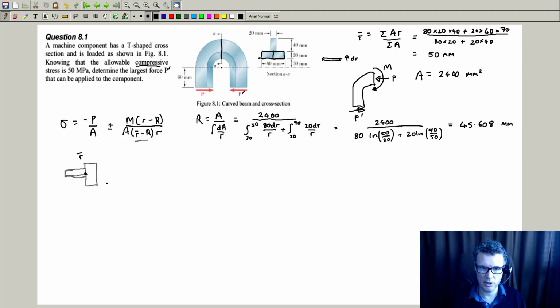That's where the R bar is. And the neutral axis is a little bit below 45, so it's about here. So R bar take away R is a positive number. So this is positive.